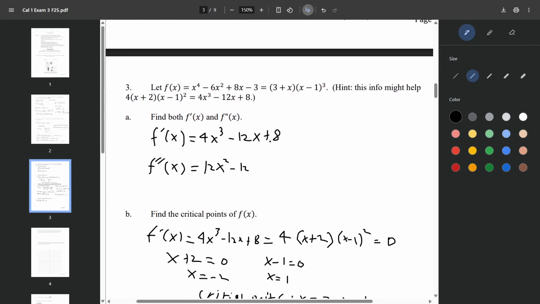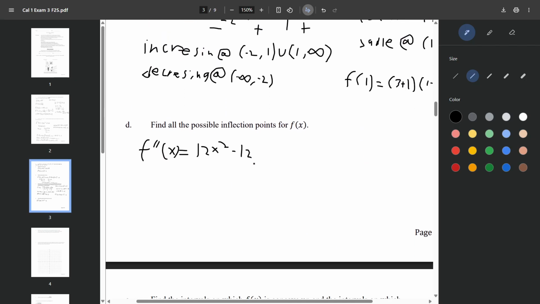Let's double check. I'm correct, yes. And the easiest way to find this is to turn it into factored form. So there's a few ways to do it, but I think the easiest way is 12 times x minus 1 times x plus 1, because all these multiplied together give you 12x squared minus 12.